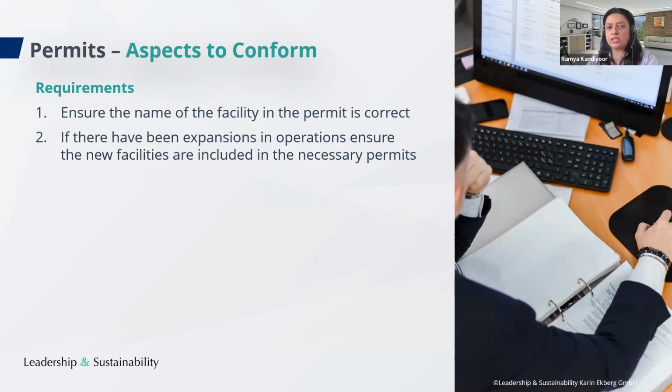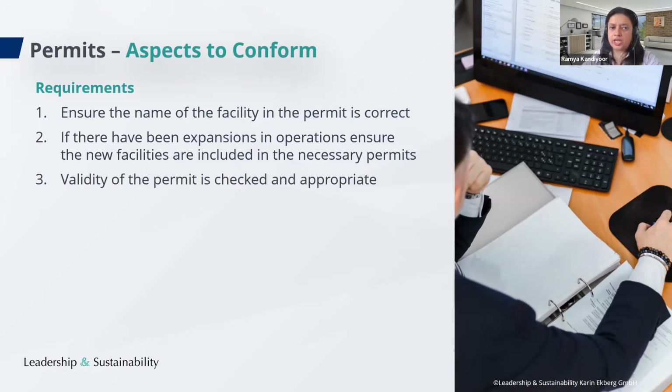So let's say you have an adjacent facility, you either have to take a new FEM module for the adjacent facility if you're going to take a completely different section, or let us say you are expanding and you are including that in your own facility boundary, then you are expected to ensure that you have the necessary permits. Let's say there is a wastewater discharge from this new expanded unit, you will have to ensure that it is included in your permits.